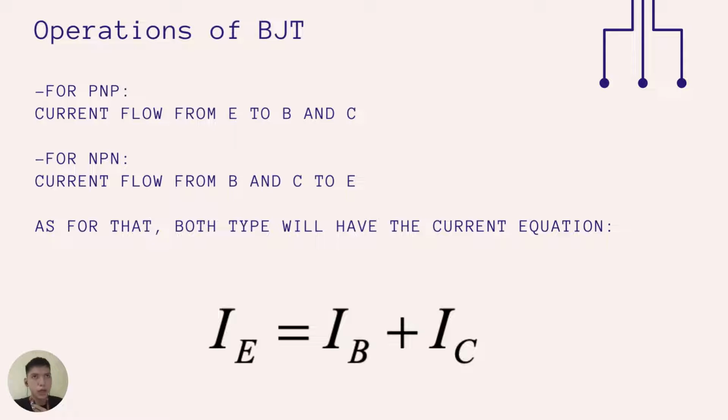Because IE is from the most highly doped region, which means it has the biggest current. So that means IB plus IC gives you IE.